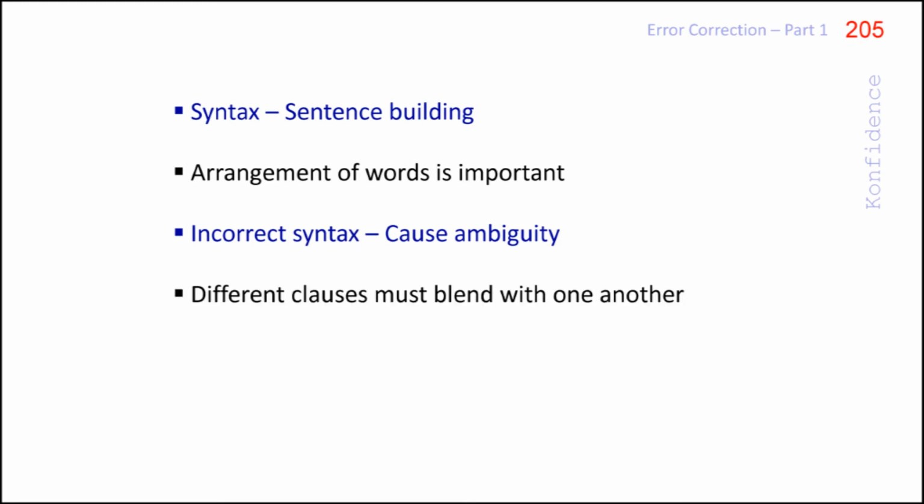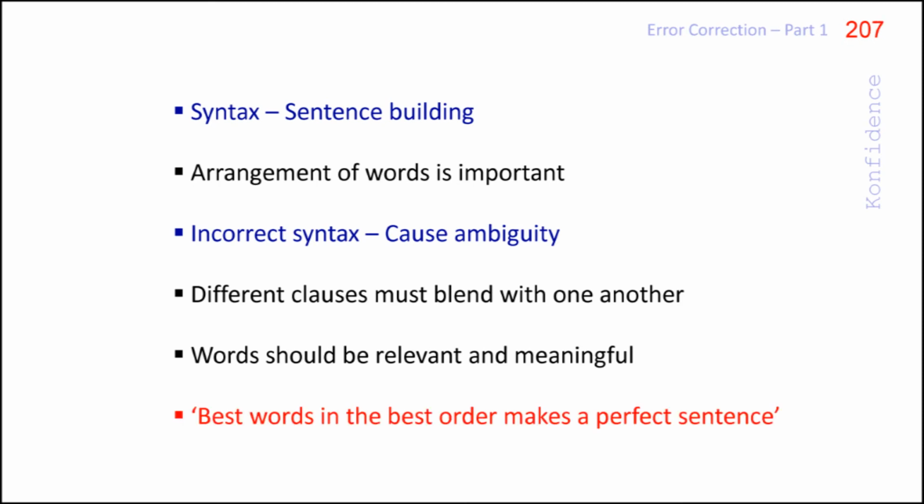The different clauses in a sentence must blend with one another harmoniously. The words which we use to create a sentence should be relevant and meaningful in the context. Remember, best words in the best order makes a perfect sentence.